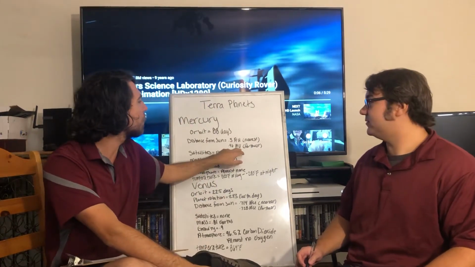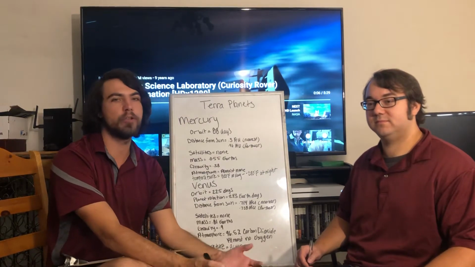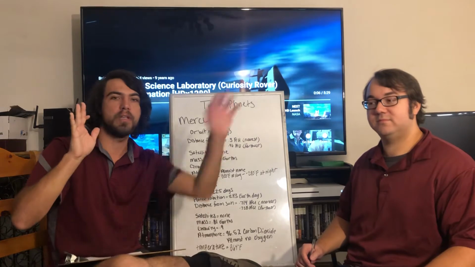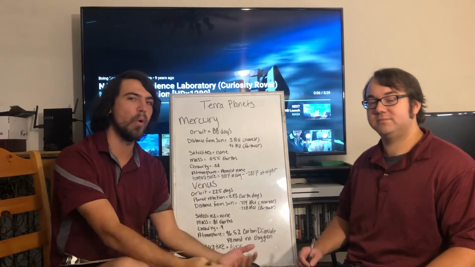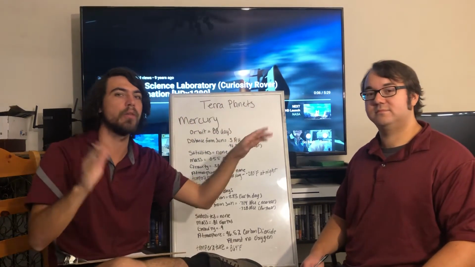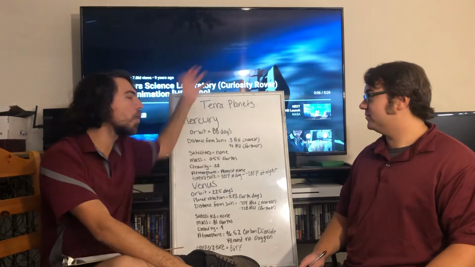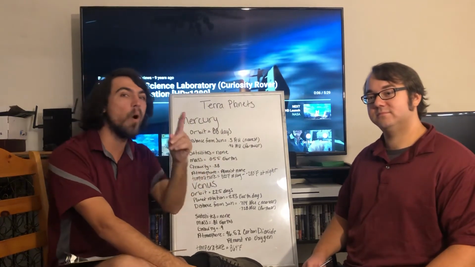So AU stands for astronomical unit, and that is the average distance from the sun to the Earth. So 1 AU, or 1 astronomical unit, is from the sun to the Earth. And because Mercury is closer to the sun than the Earth, it will have less than 1 AU.